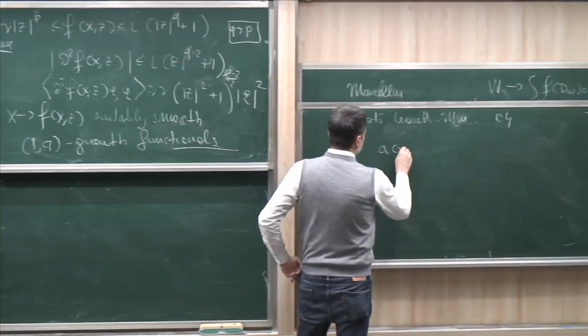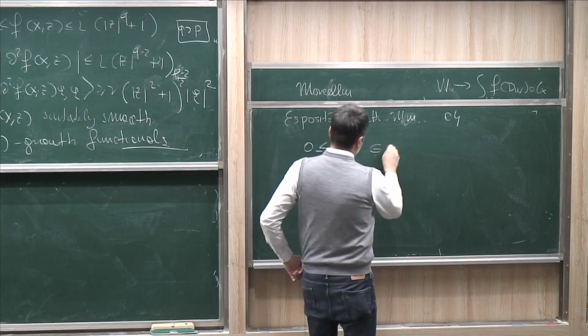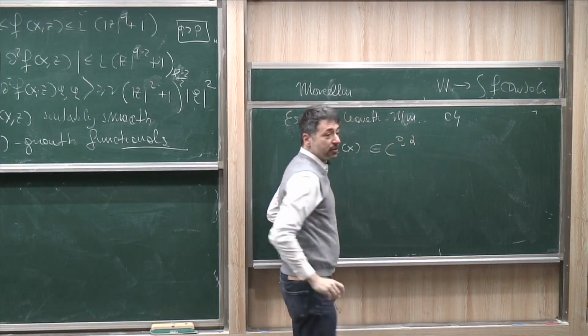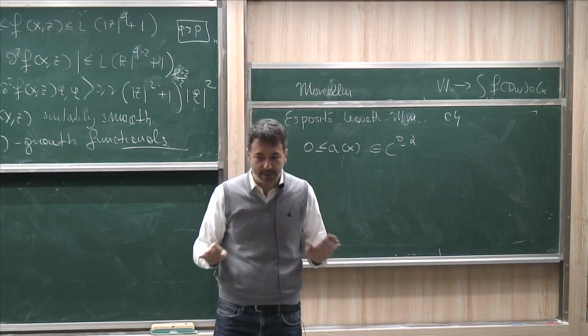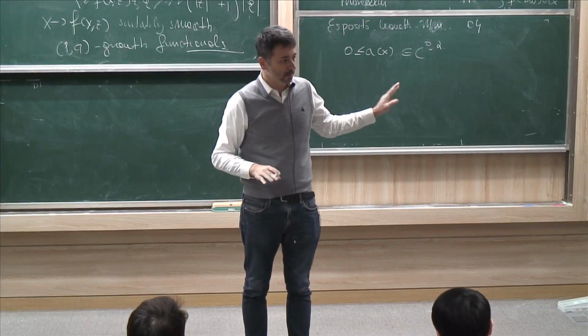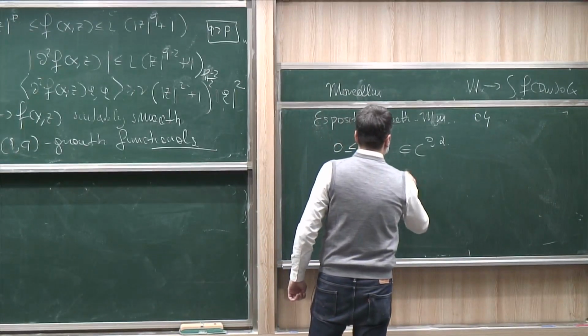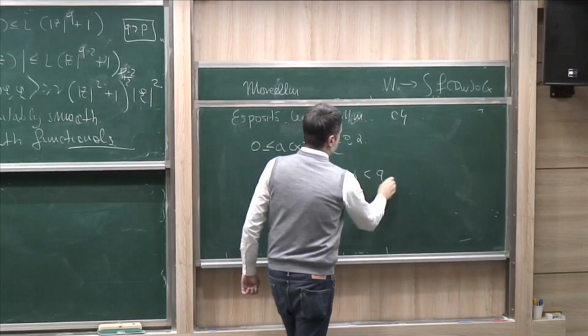We take a coefficient which is larger or equal than 0. This belongs to C0 alpha, so it's regular. So you cannot imagine a better coefficient. These are exactly the coefficients for which you can prove Schauder's theory. And then p is less than n, less than n plus alpha, less than q.